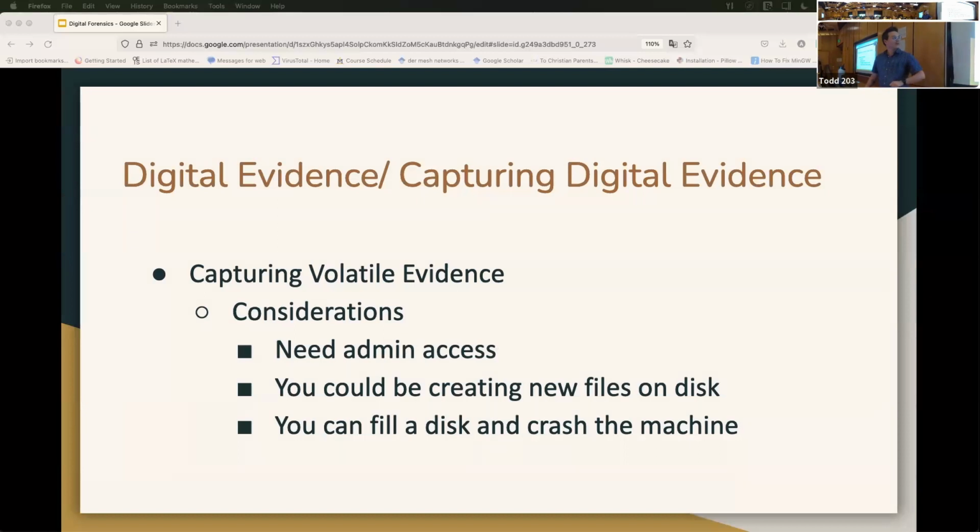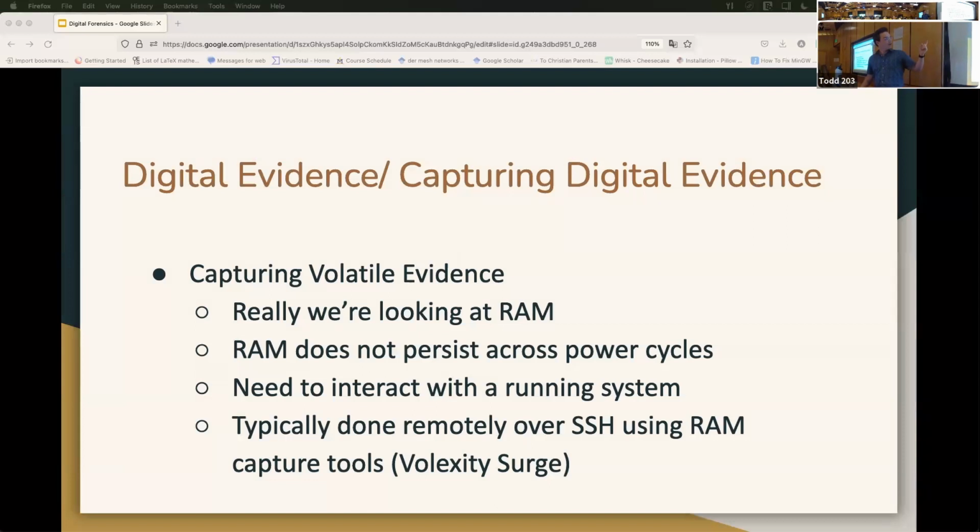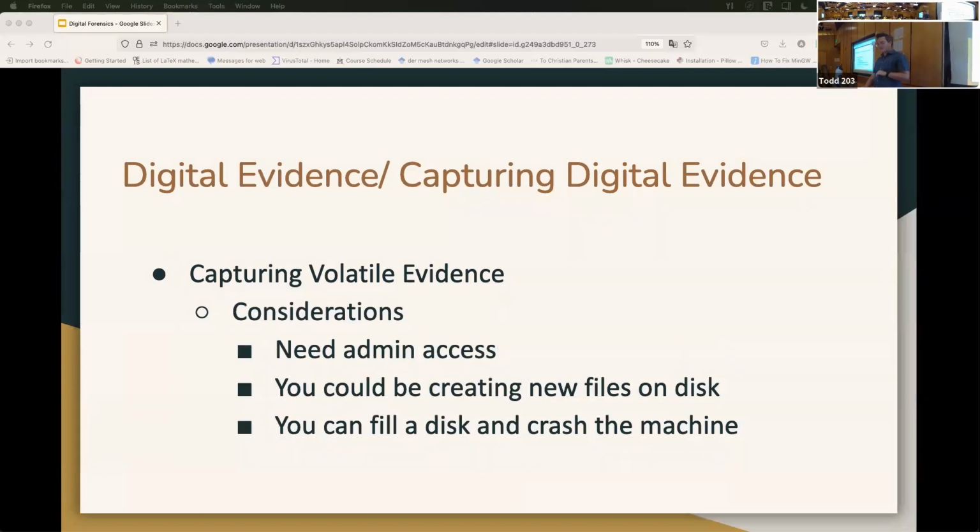Some considerations we need to think about. When we're capturing volatile evidence, we do need admin access when we're interacting with the system. And also, I think I actually didn't mention, we're typically going to SSH into this running system to do our RAM capture, right? We need admin access to actually do this capture.